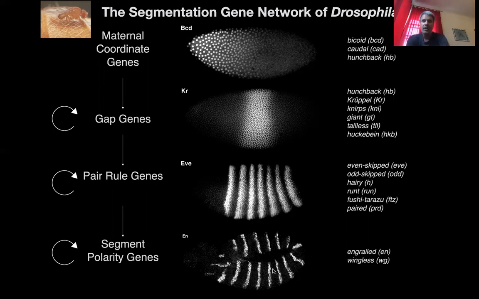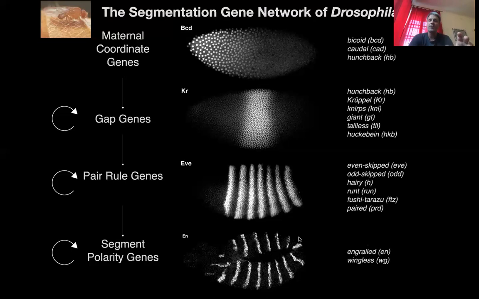At this point, gastrulation has occurred, the embryo has wrapped around the eggshell, posterior is now here, and these 14 stripes define the formation of the parasegmental boundaries and ultimately segmental boundaries later in development. So this is called the segment determination system, the segmentation gene network of Drosophila melanogaster, a textbook example of a very well-studied genetic regulatory network.